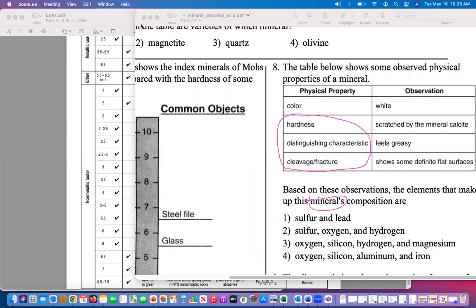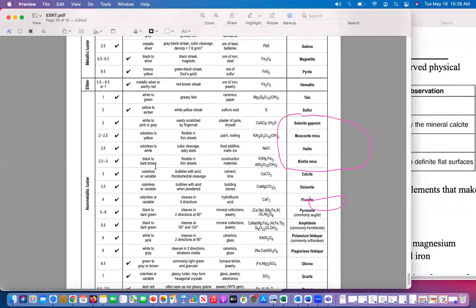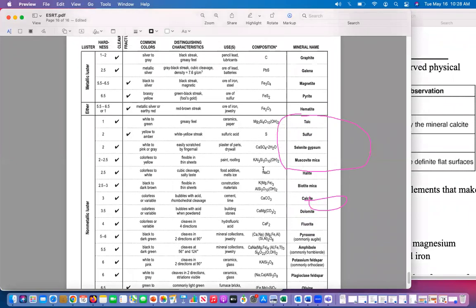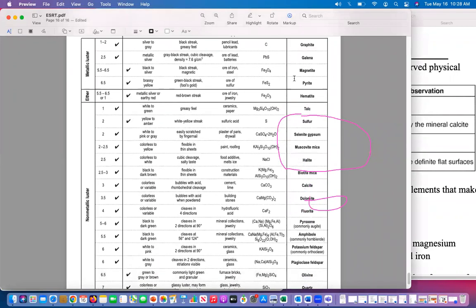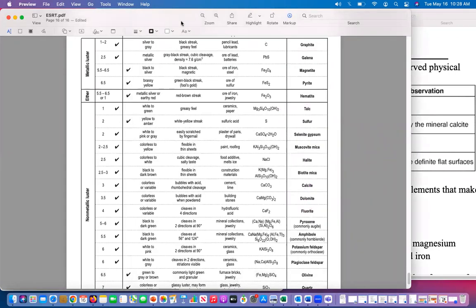Because if we start off with white, and you could start off with white, but there's a lot of minerals that have white, right? So I kind of want to break it down to one of the clearer characteristics. So we'll start with hardness. So it says, whatever this mineral is, it can be scratched by calcite. Well, what's the hardness of calcite?